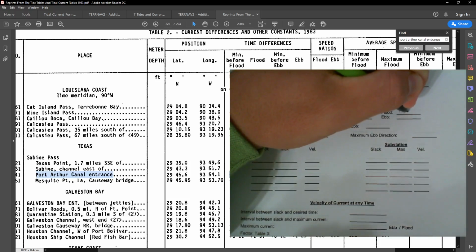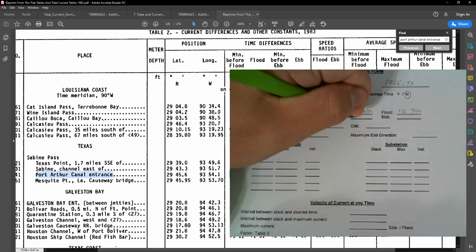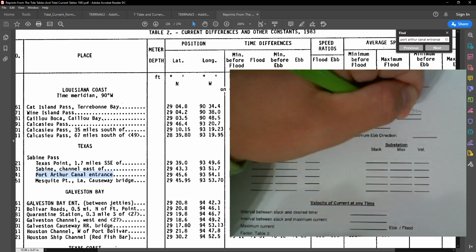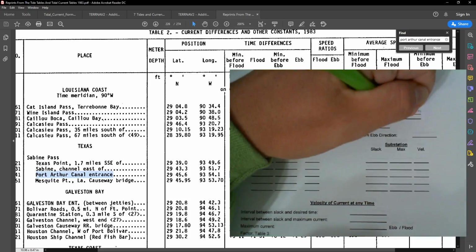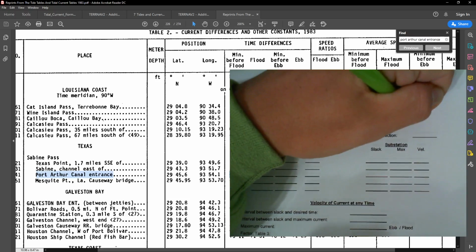Plus 1 hour, 34 minutes. Plus 0 hours, 55 minutes, plus 1 hour, 12 minutes.